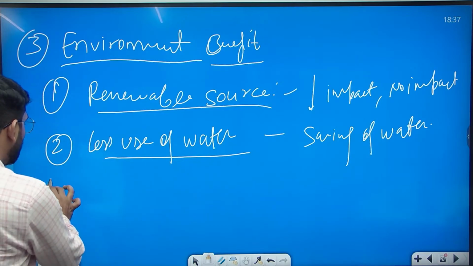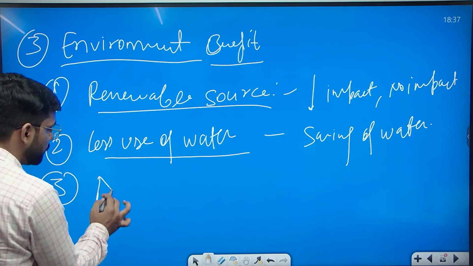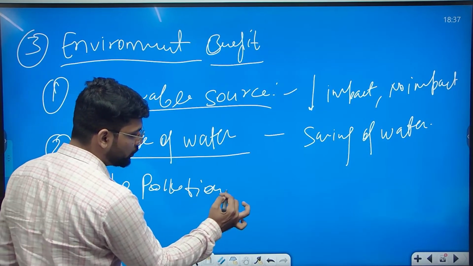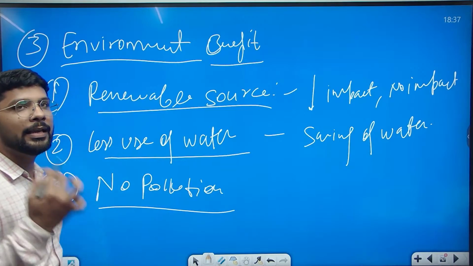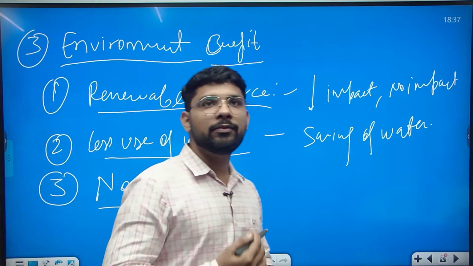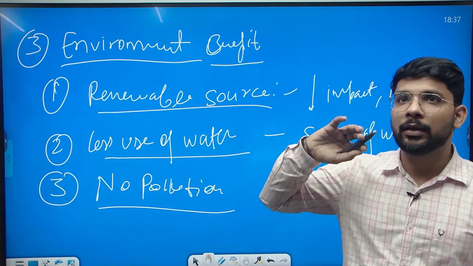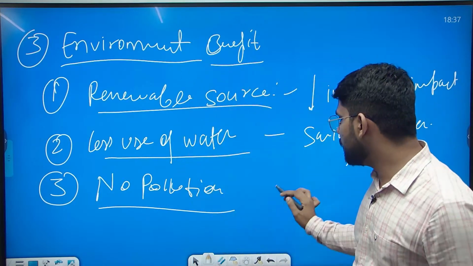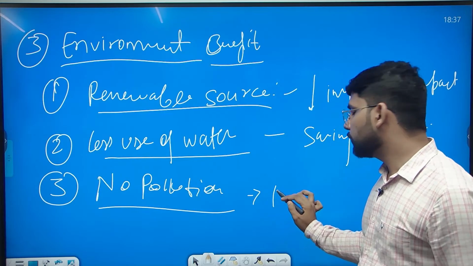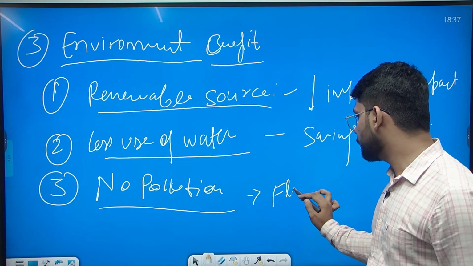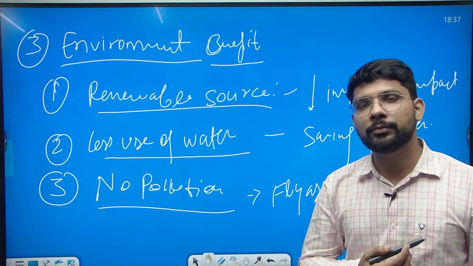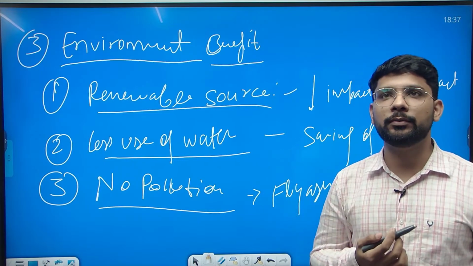Third environmental benefit can be no pollution. In the case of the conventional energy, when we are generating electrical energy from the conventional source, there is a generation of fly ash, which leads to air pollution and water pollution.